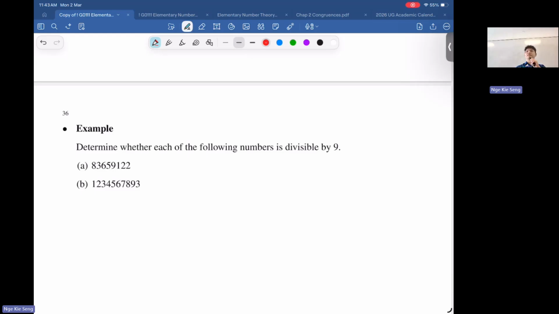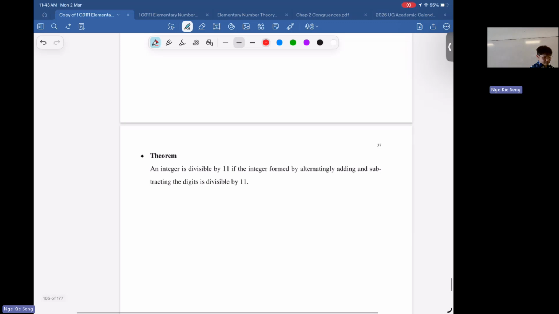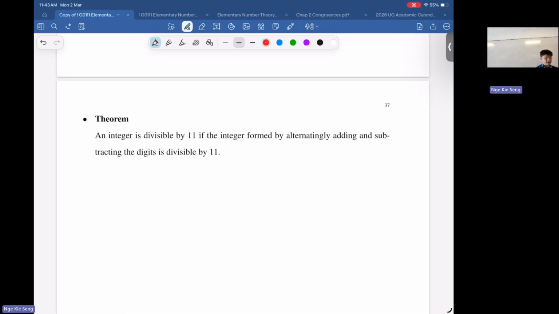Do you want to do this together, or do it yourself and check the solution later? Okay, skip this. Next, an integer is divisible by 11 if the integer formed by alternately adding and subtracting the digits is divisible by 11.